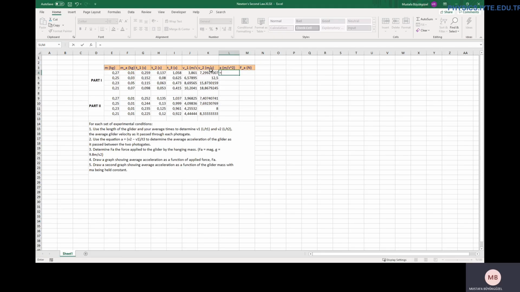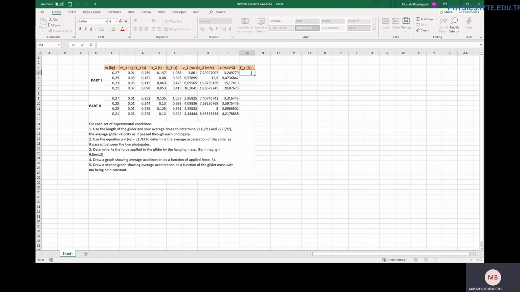So I will find the difference in velocities by K4 minus J4 over I4. That was some sort of mistake. Now I can do this again, over I4, which will give me the acceleration for my experiment. Again, deleting this.